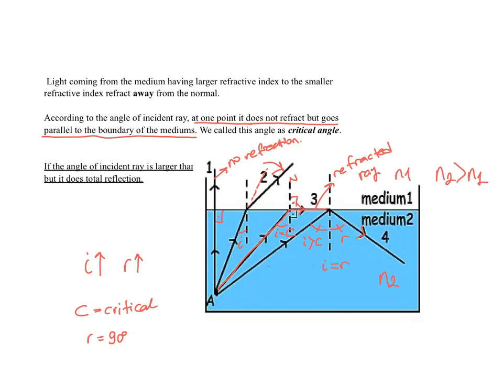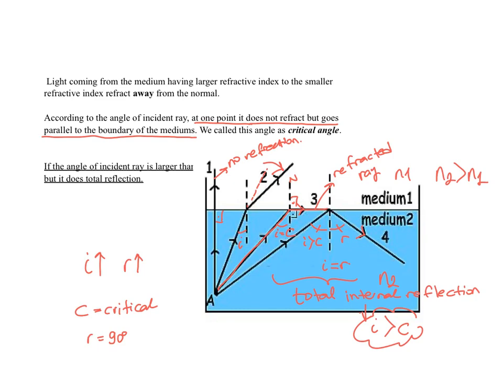This is the situation that we call total internal reflection. This only occurs when the angle of incidence is bigger than the critical angle.